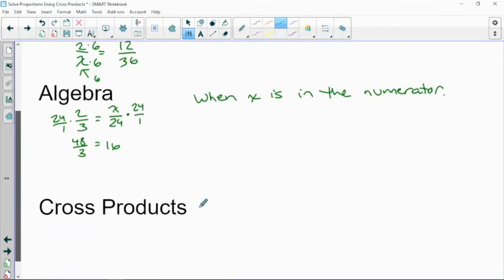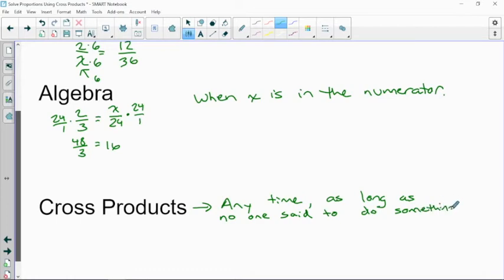Cross products, anytime, as long as no one says you have to do something else. Cross products work when x is in the numerator, x is in the denominator, when one numerator is the multiple of another or not, it doesn't matter.